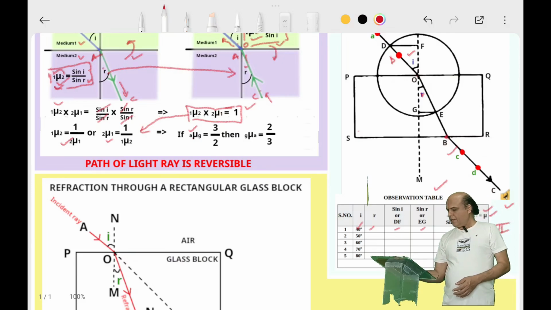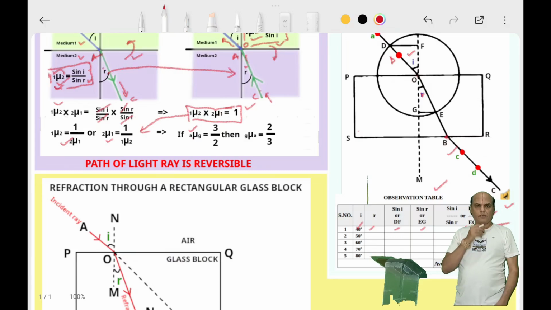Here glass is the second medium, air is the first medium. So for this given pair of media, we have obtained the refractive index of the glass with respect to air experimentally. Clear?